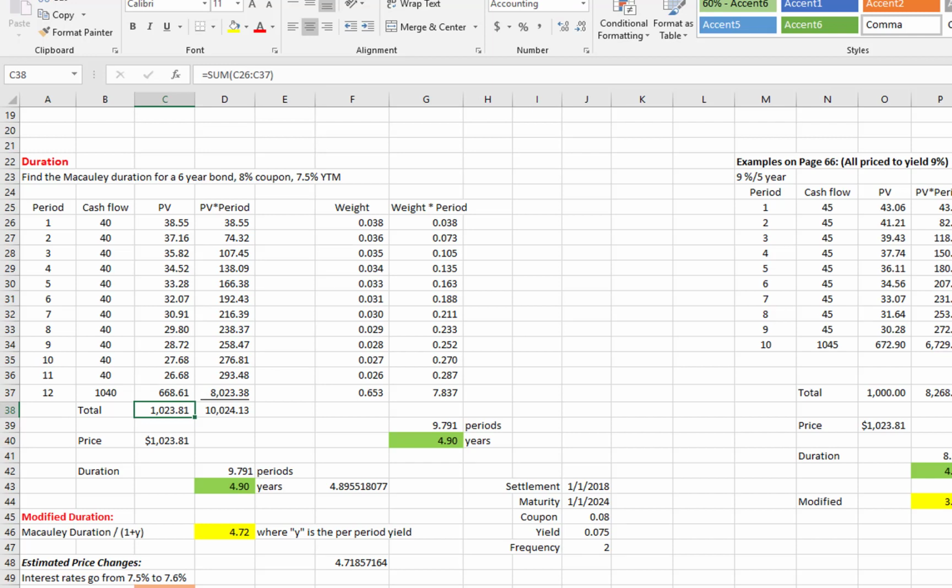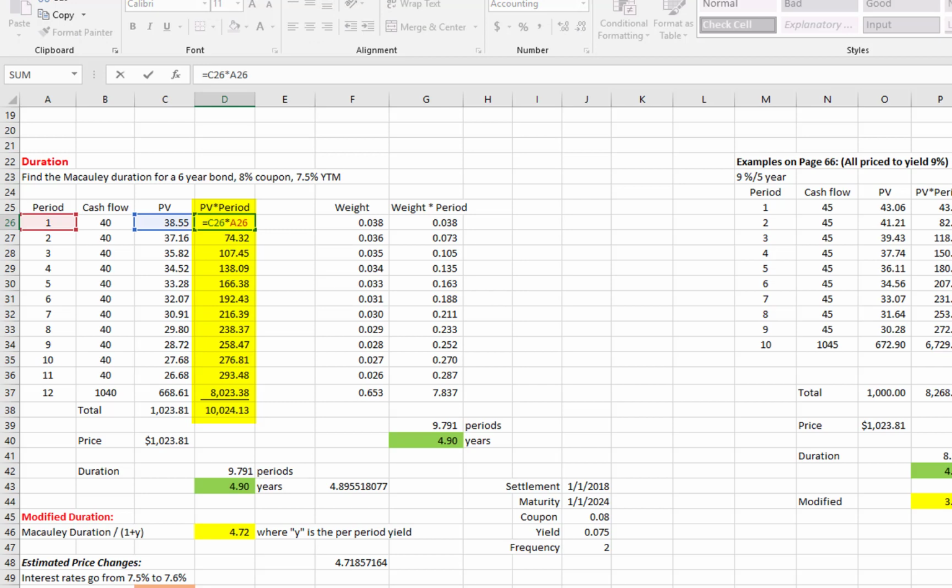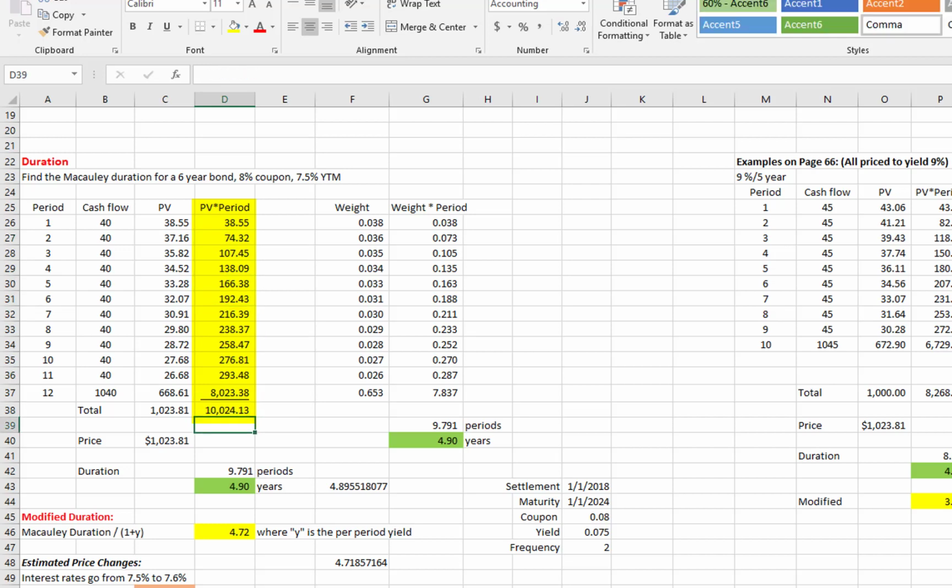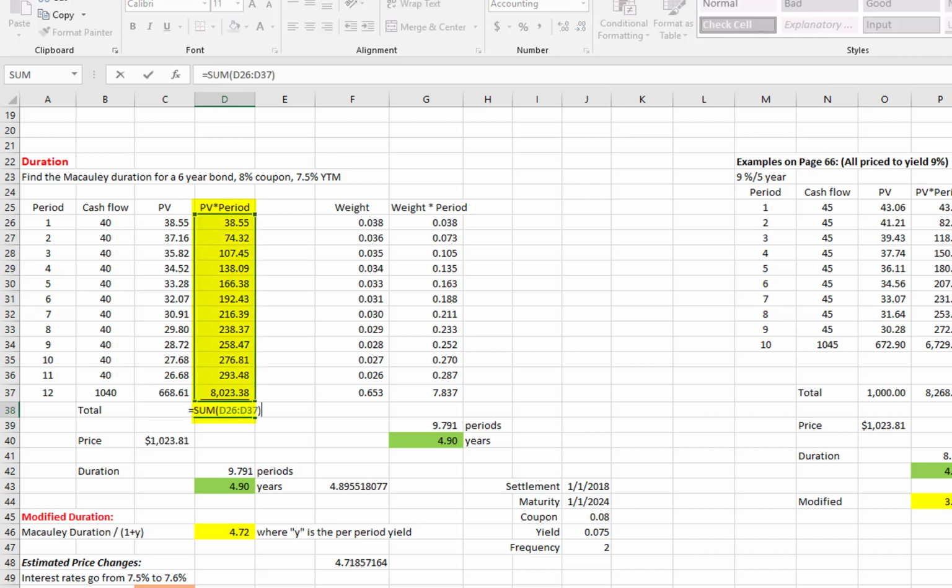So back to calculating Macaulay duration, what I'm going to do is multiply the present value of each period times the value for the period. So look, I'm multiplying these two columns, these two items here, the present value of the cash flow times the period, the applicable period. And I'm going to do that all the way down and add up all of these products.